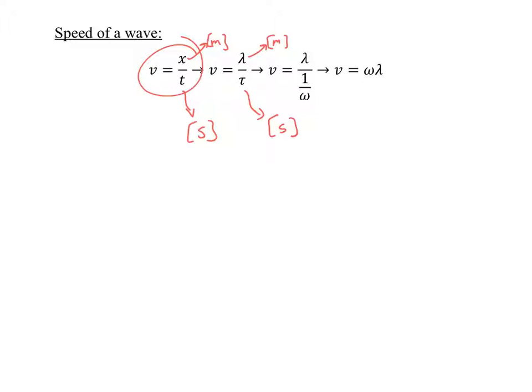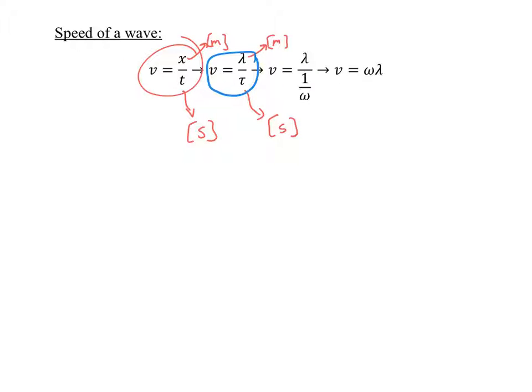So I can replace those two variables right away. I can replace x with lambda and t with tau. So now I have velocity equals wavelength over period. I can use this formula, and it's very useful. But I can also recognize that there's another way to write this formula down. I can replace period with 1 over the frequency. And that was from section 13.1, 13.2.